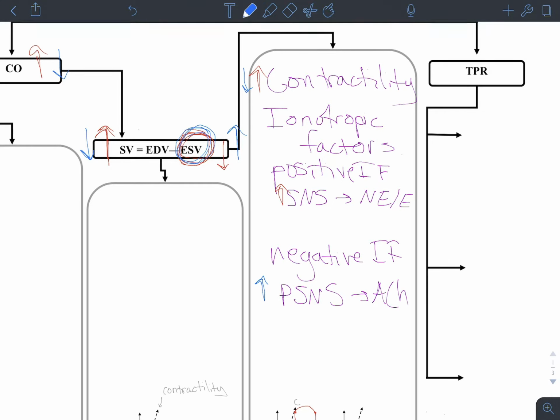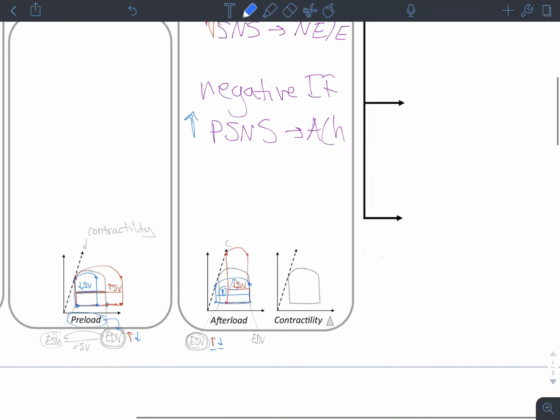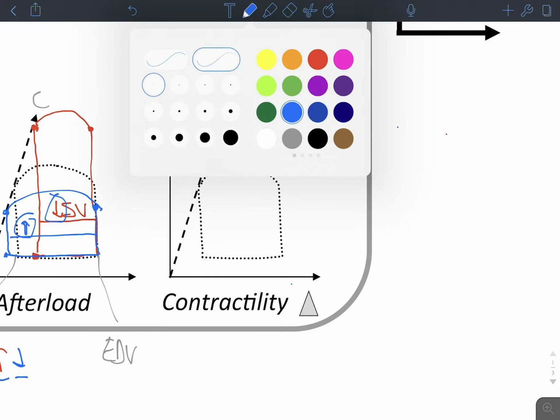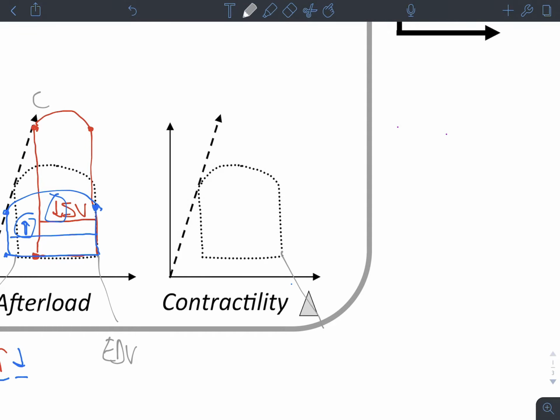Okay, let's represent this graphically. So, right here on our little graph, let's go with red. I want to remind you this is EDV, and this is ESV. Now these are staying the same. What we are changing is contractility, which is the slope of this line.